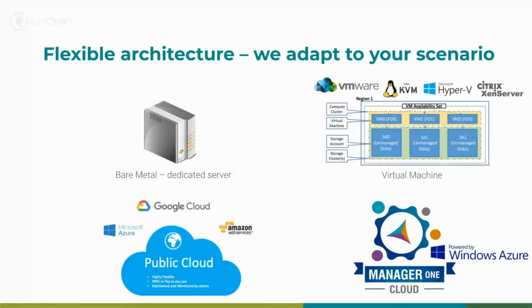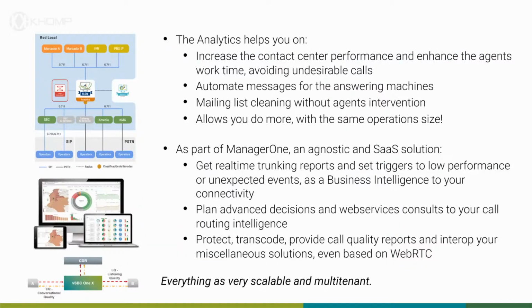So let's go back here to this presentation. The main points that analytics can help you on is to increase the contact center performance and enhance the agent's work time, avoiding the undesirable calls. It means the agents will be attending just the interesting calls.